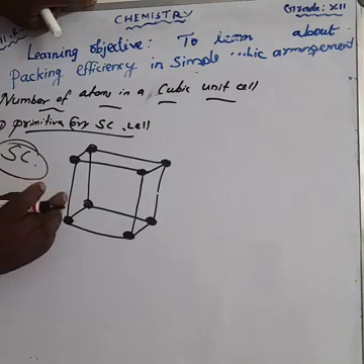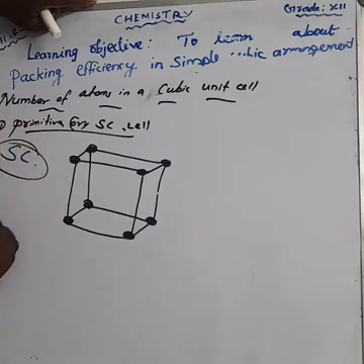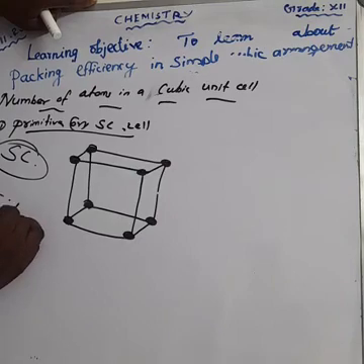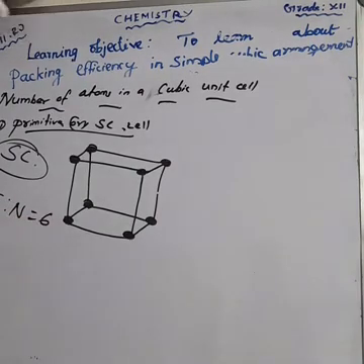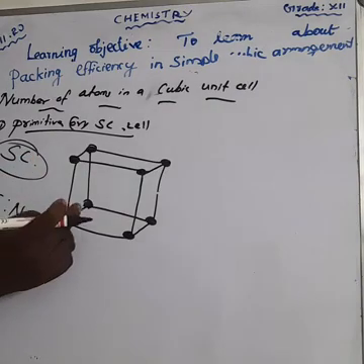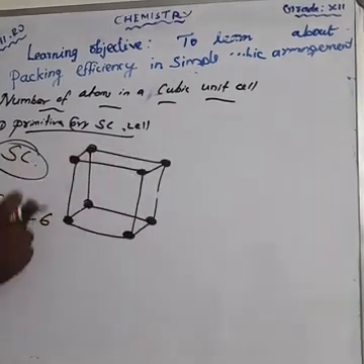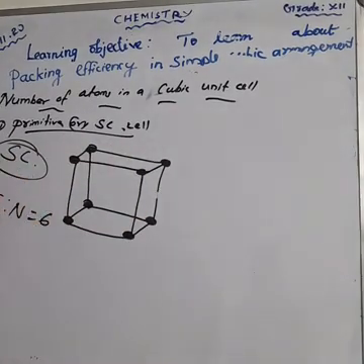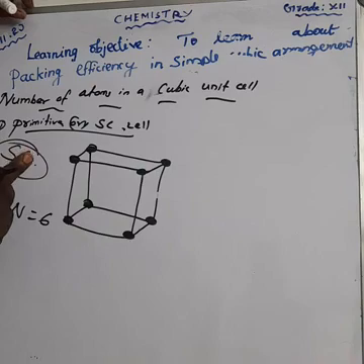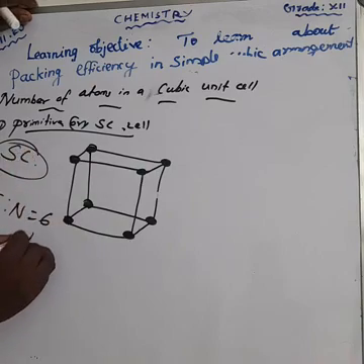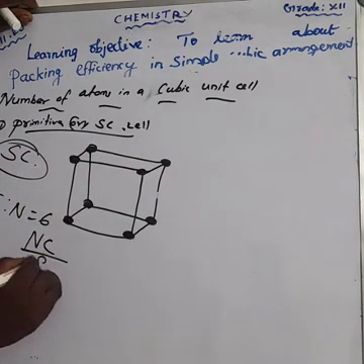Here, what is the coordination number of each atom? The coordination number of each atom is 6. Each atom in the corner of the cubic unit cell is shared by 8 neighboring unit cells. Therefore, the atoms per unit cell is equal to NC divided by 8.